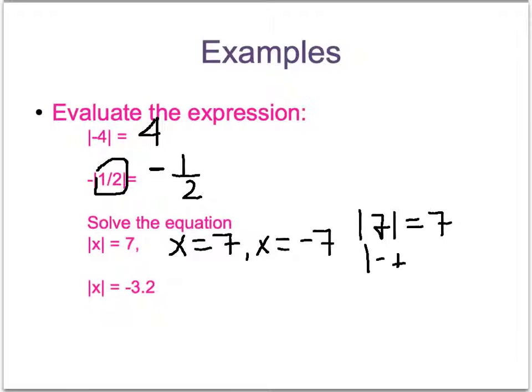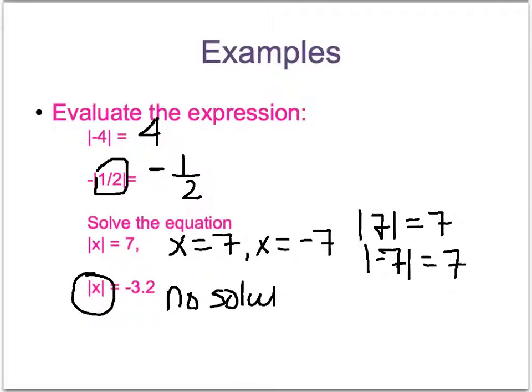And if I throw a negative 7 in the absolute value signs, I get a positive 7. How about this one? The absolute value of a number is negative 3.2. Well, wait a minute. Didn't we always say that the absolute value always has to be positive? So as it turns out, there is no solution. Because my absolute value always has to be positive.